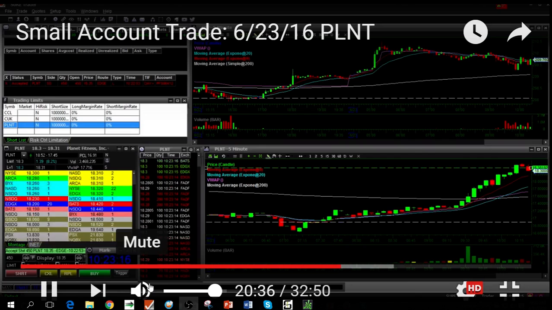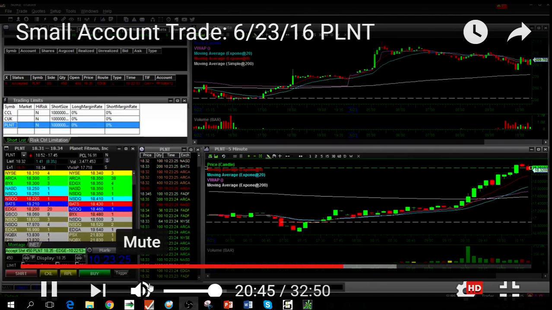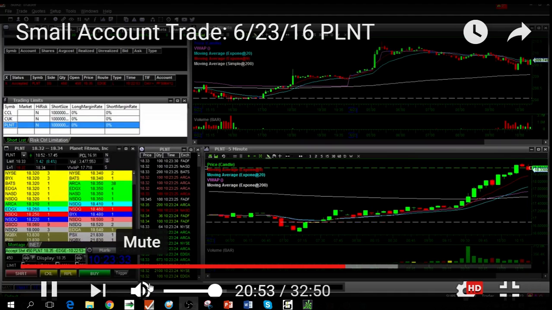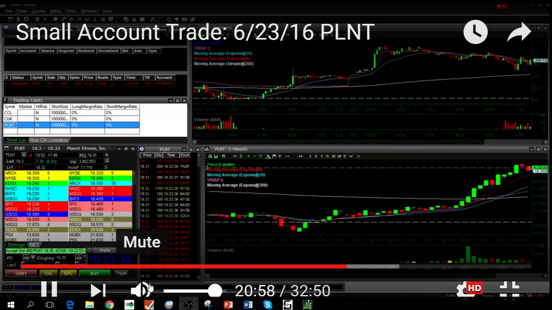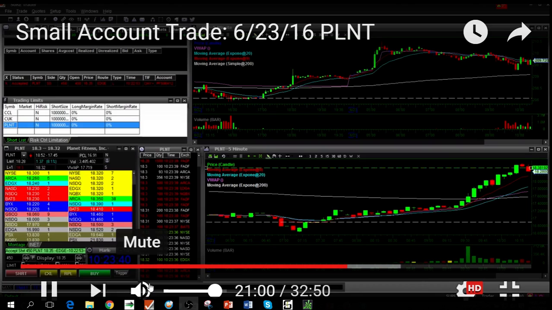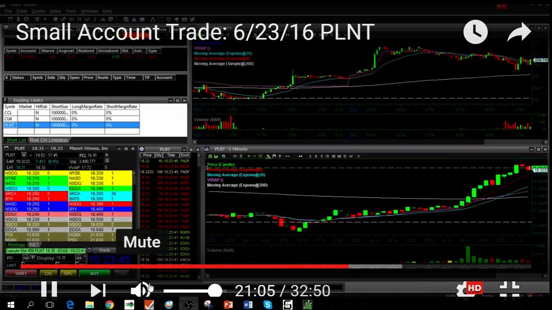Sometimes I wouldn't even take this trade because my profit has just been eaten up. But this is a good learning experience, and not just for you guys, but for me too, because trading with a smaller account and making these type trades is a lot different than me trading out my big account. And see, I just got filled at 35. So I'm in the trade.